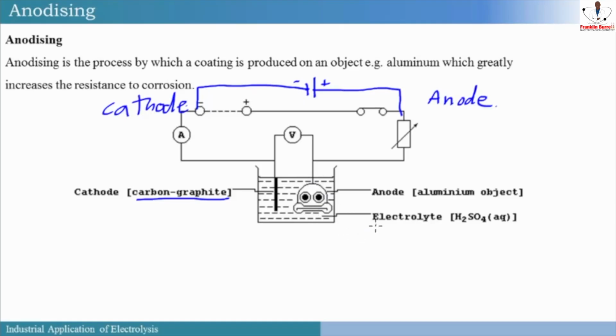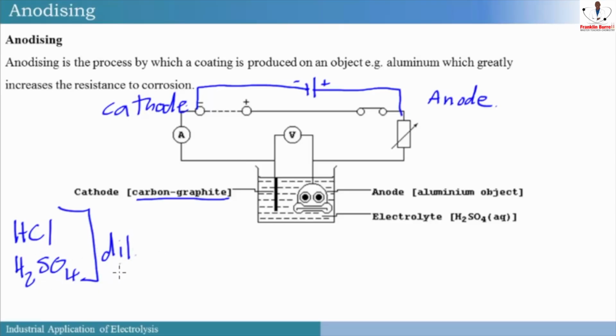Now, what is our best electrolyte to use in the anodizing process? Well, any dilute acid could be used. So I could use HCl, or I could use H2SO4. And notice that these acids must be dilute. Now, why dilute acids?